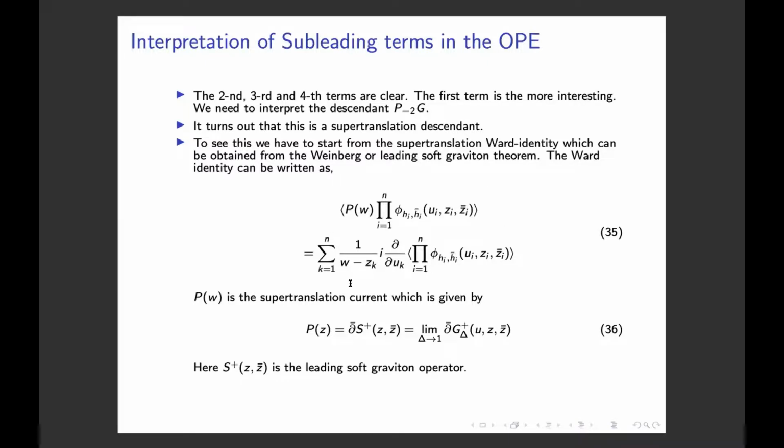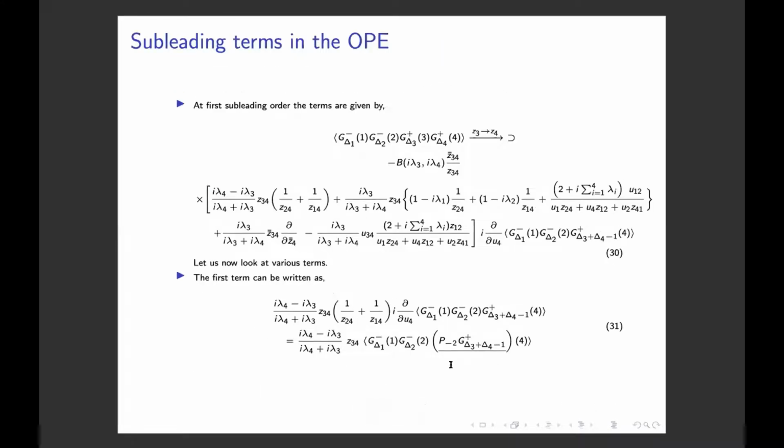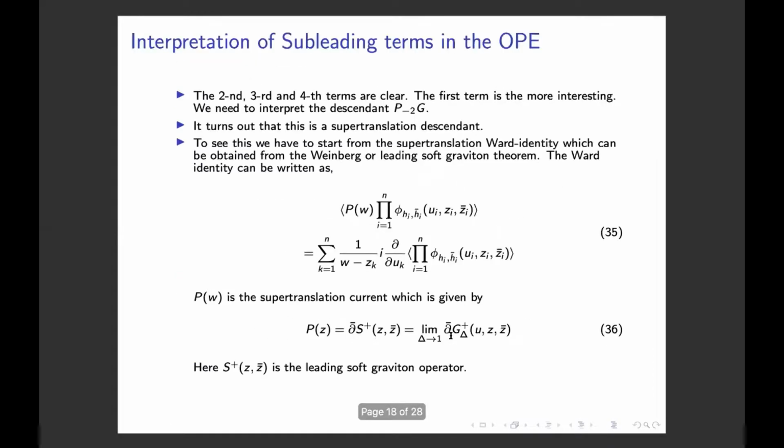Now if you look at this Ward identity, you can easily see where this structure of P minus 2 comes from.